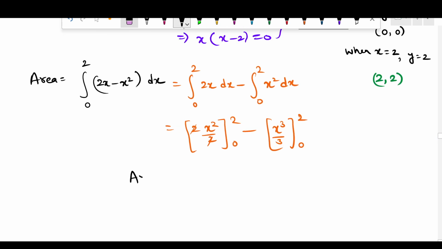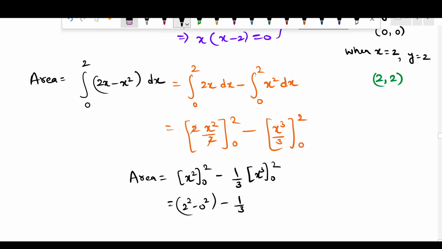So the area is equal to x square 0 to 2 minus 1 by 3 x cube. So put the upper limit 2 square minus put the lower limit 0 square minus 1 by 3, put the upper limit 2 cube minus put the lower limit 0.